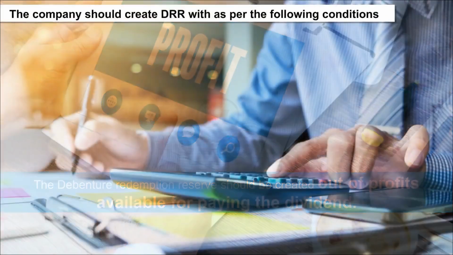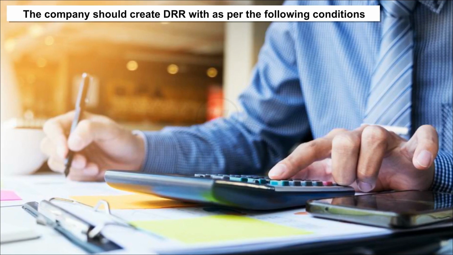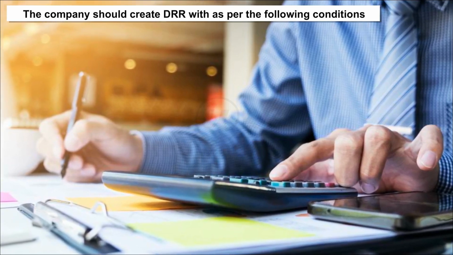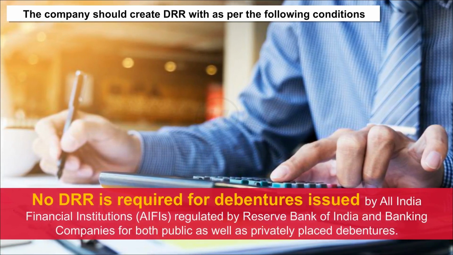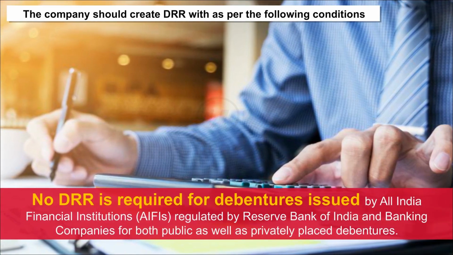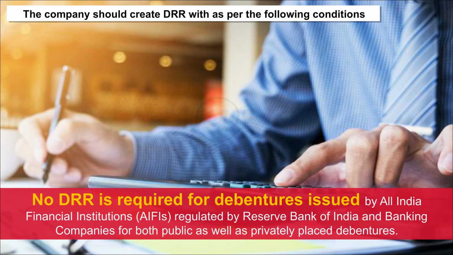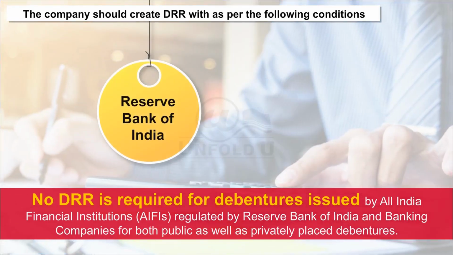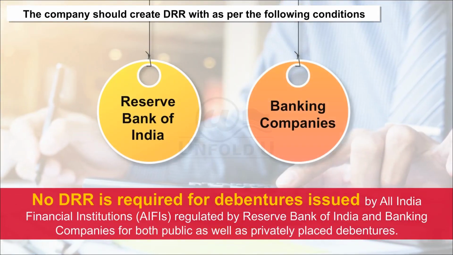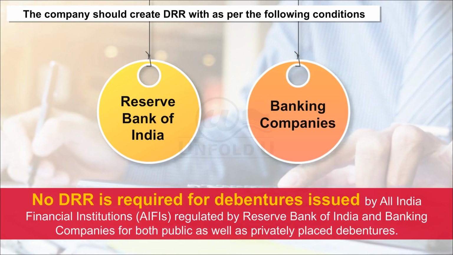B. The company should create DRR as per the following conditions. 1. No DRR is required for debentures issued by All India Financial Institutions (AIFIs) regulated by Reserve Bank of India and banking companies for both public as well as privately placed debentures.